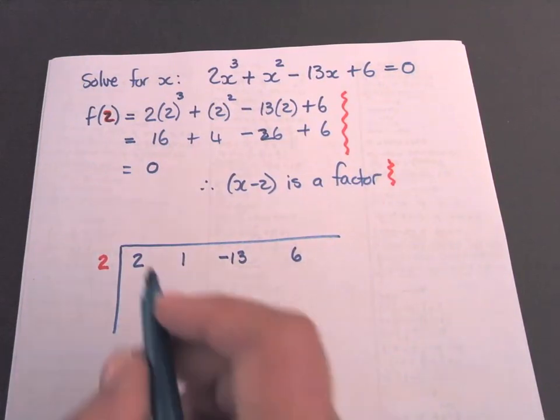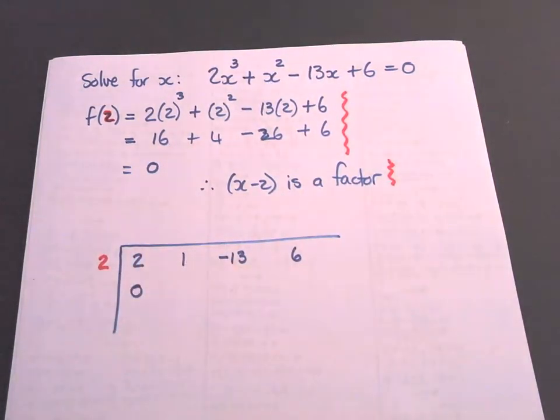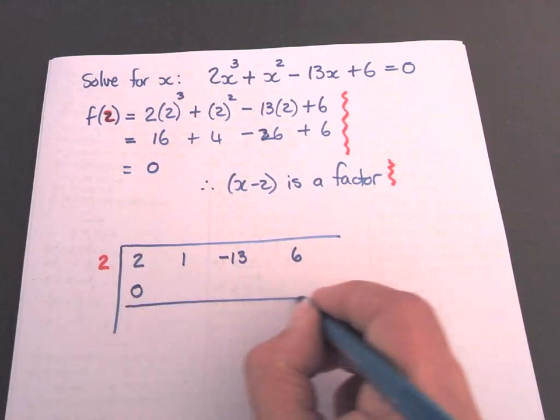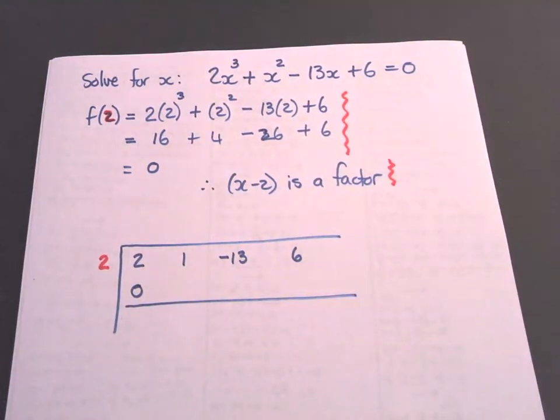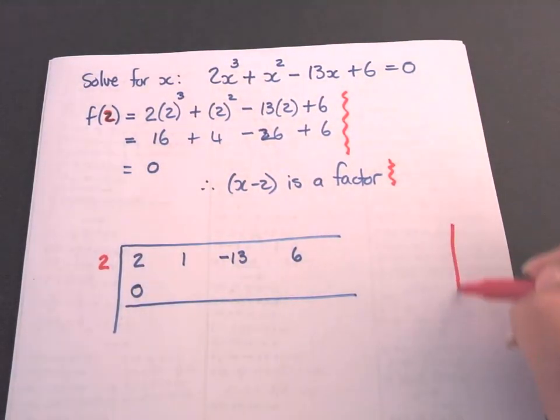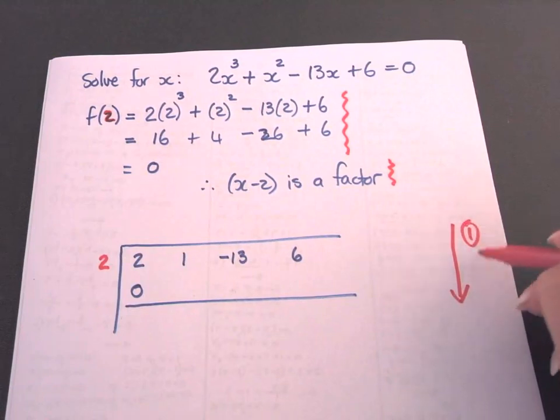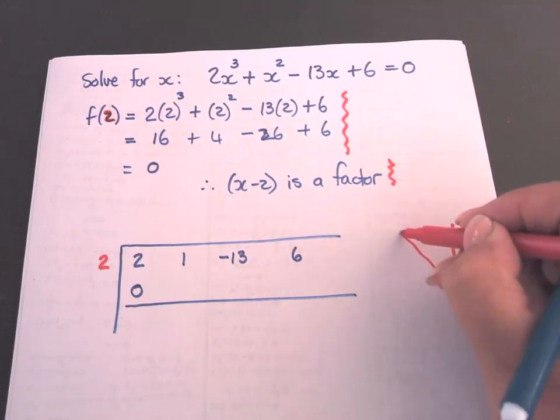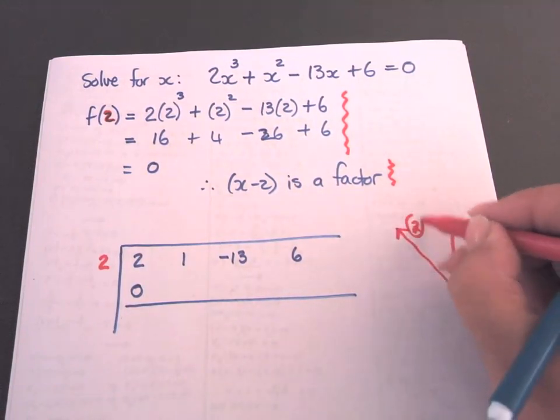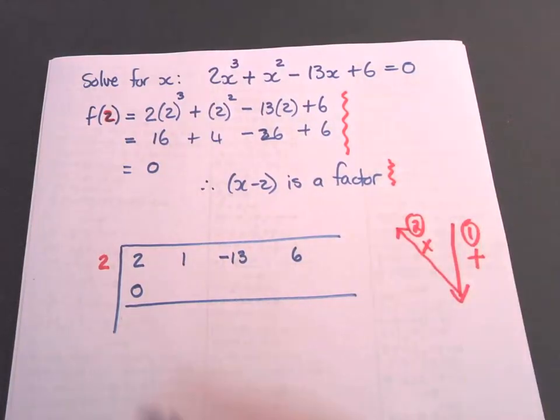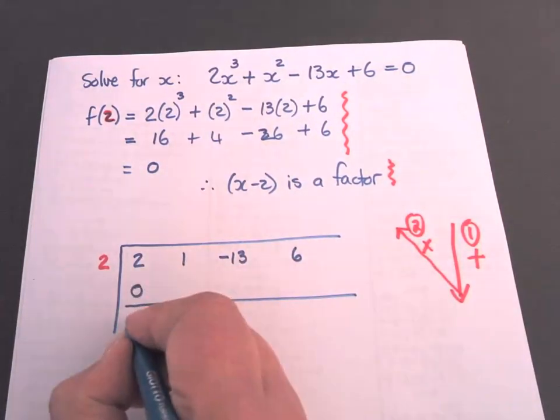Below the first coefficient, there's always a 0. You first go down by adding, and then you go sideways by multiplying. 2 plus 0 is 2.